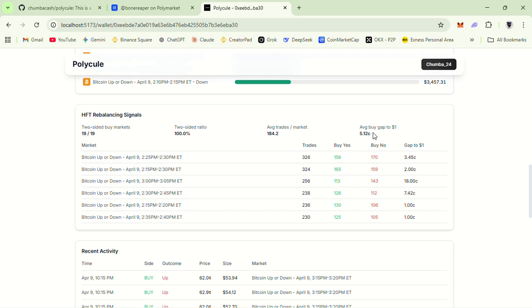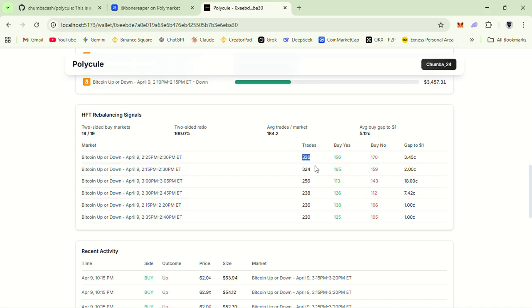On average, this person is making almost 5% on each and every trade they do. The average cap remaining on each market is around 5 cents, which is a 5% return. Now you can see this market.